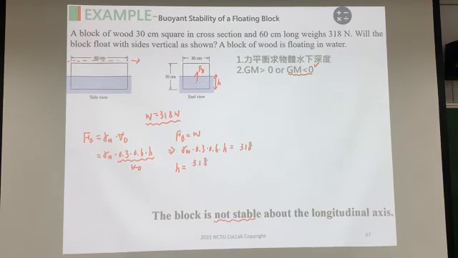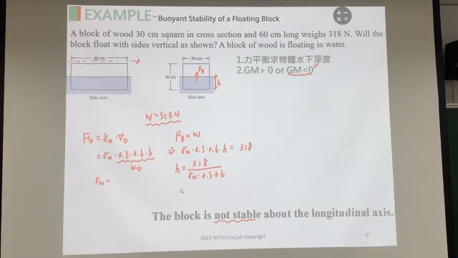The H is 318 divided by gamma W, divided by 0.3 and by 0.6. Here for gamma W, because we assume the liquid is water, we will use 9810, right? So here 318 over 9810 multiplied by 0.3, 0.6.